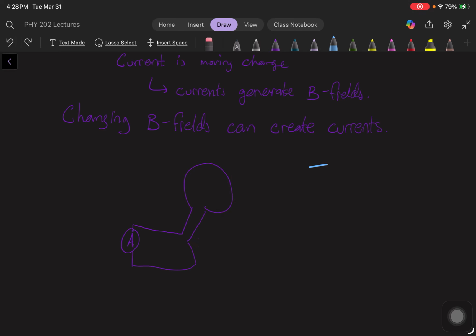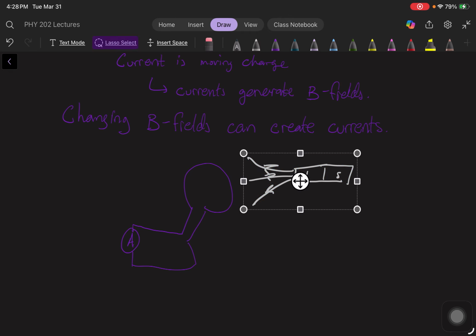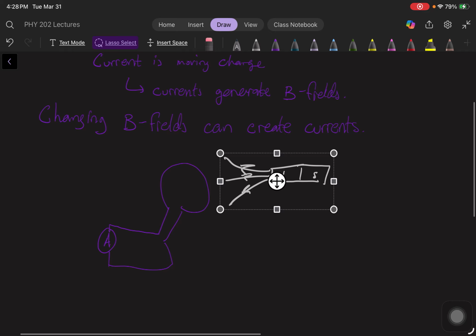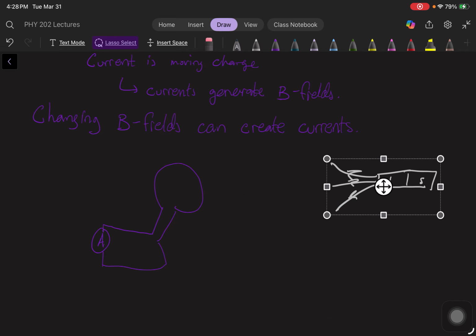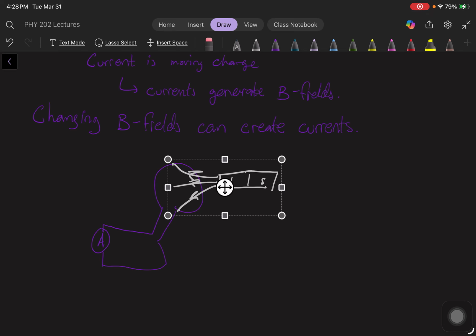Then you take a magnet, with the magnetic field coming out of the north end. Let's say you start relatively far away, and you push it really fast towards that loop.